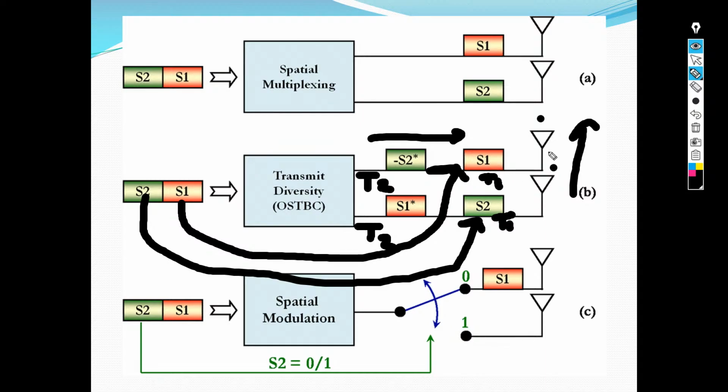In the first antenna, you transmit the negative conjugate of the second symbol, which was transmitted from antenna 2. And in the second antenna, you transmit the conjugate of the first symbol that was transmitted from the first antenna.